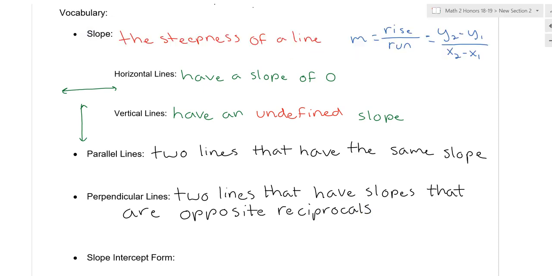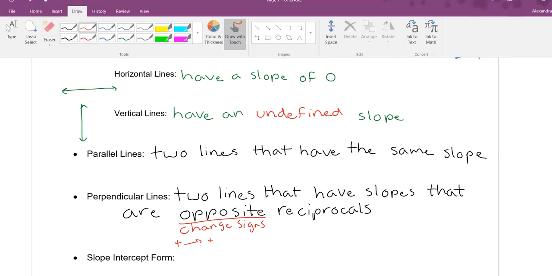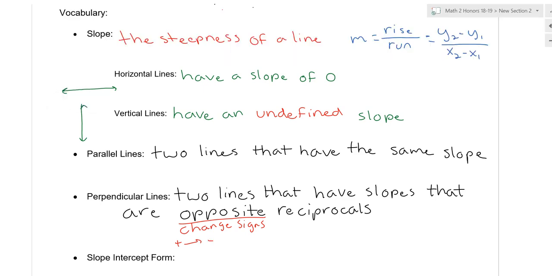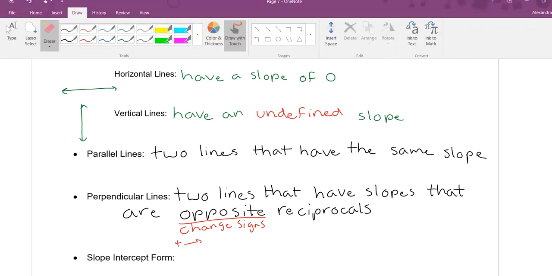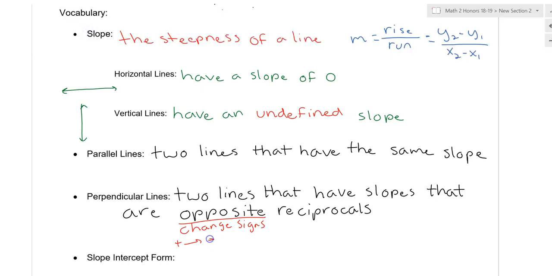So what does that mean? Opposite, you change signs. So if the one slope is positive, the other slope should be negative. Get it right? Negative. And if the one slope was negative, then it goes to positive. And then reciprocal means to flip the fraction.